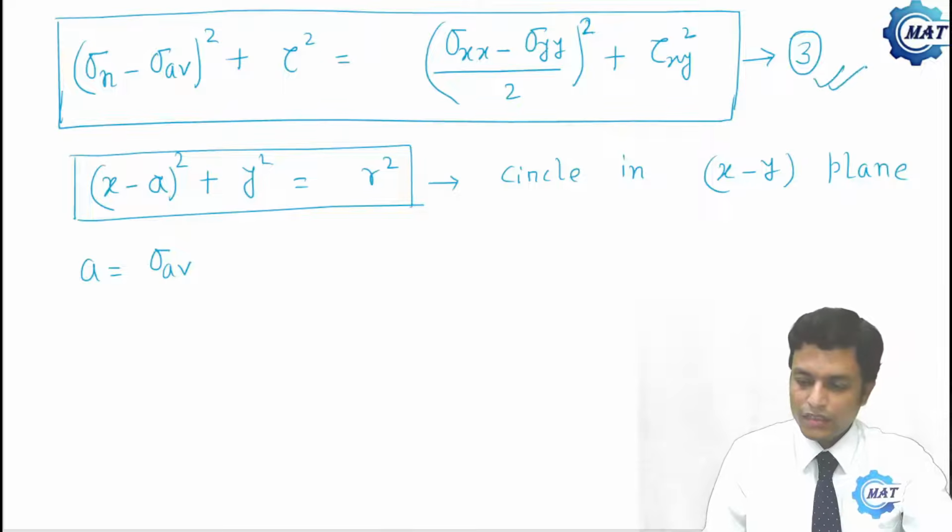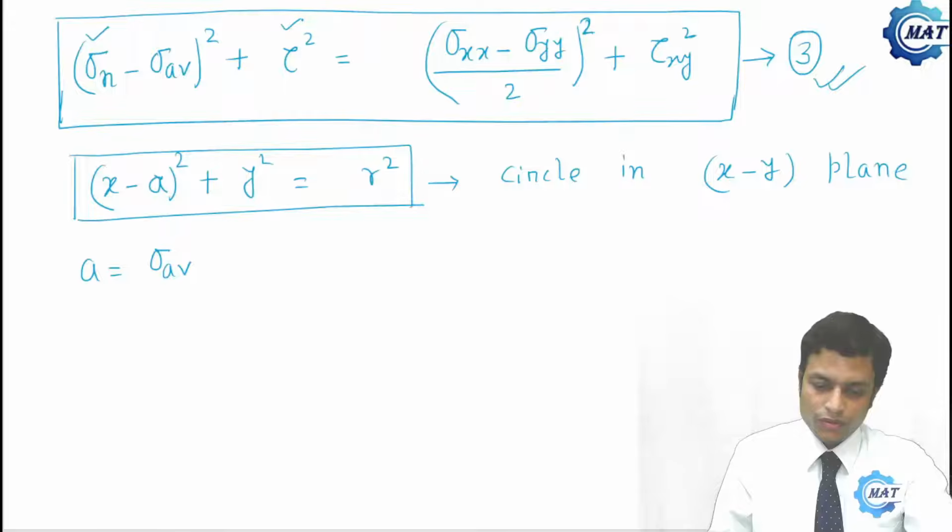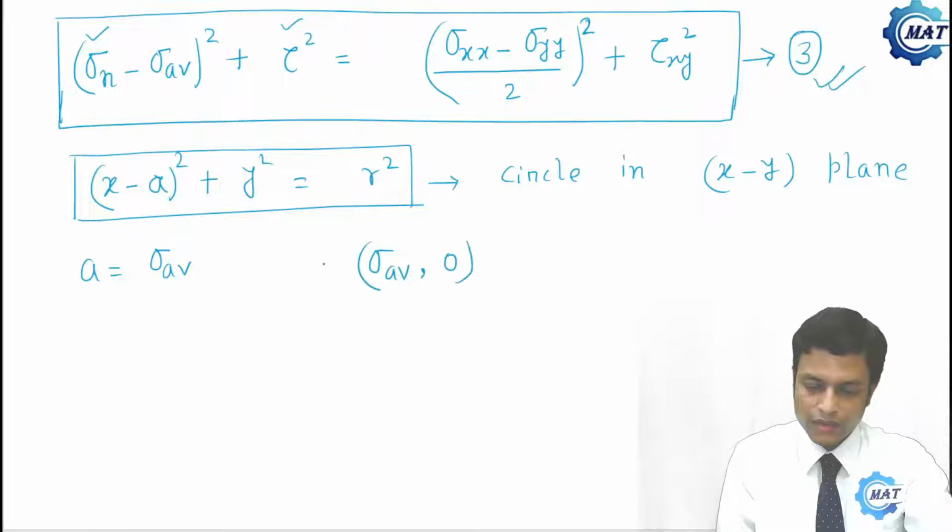Whereas in equation 3 the variables are sigma n and tau. So the center of the circle C is sigma average comma 0.